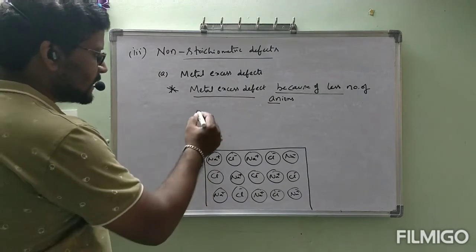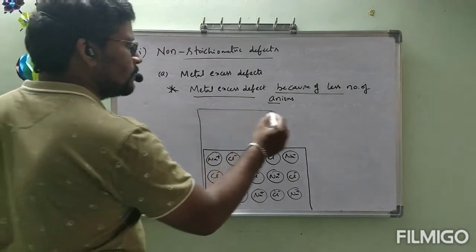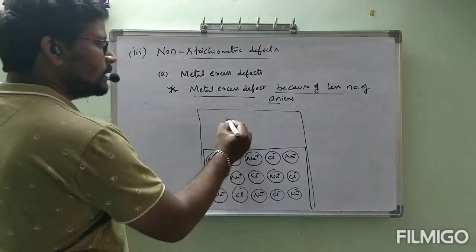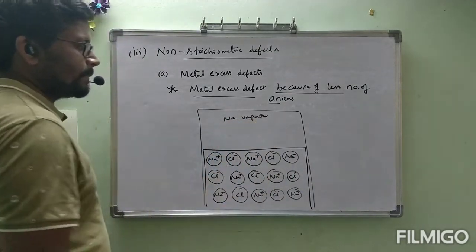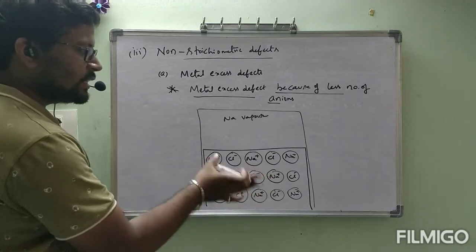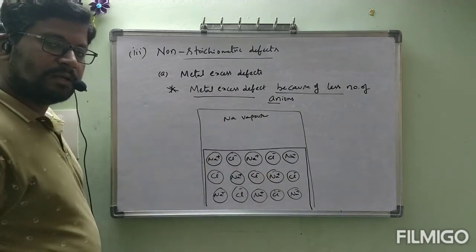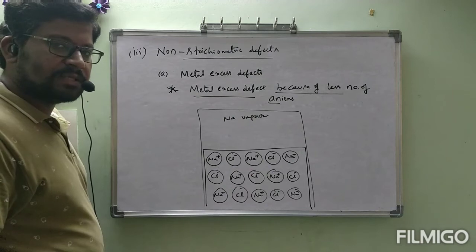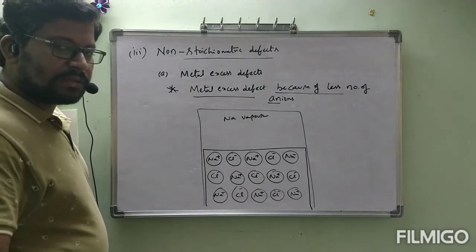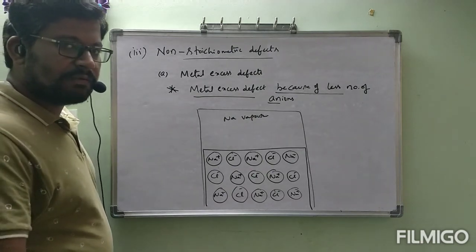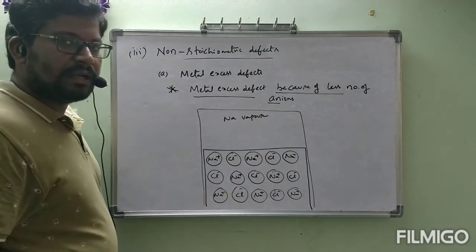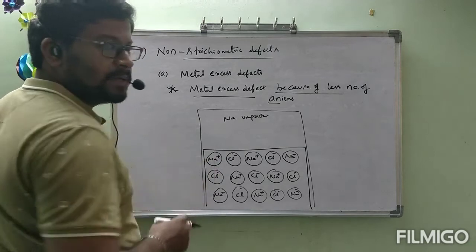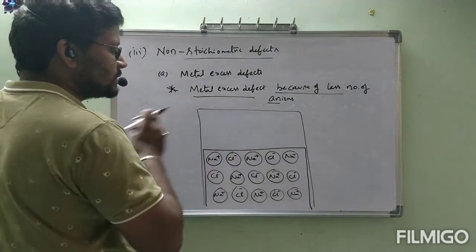It is heated in the presence of sodium vapor. Sodium vapor contains which atoms? Sodium atoms. Solid sodium, when heated, becomes liquid. After that, if it is continuously heated, it becomes gas. Sodium vapor contains sodium atoms.